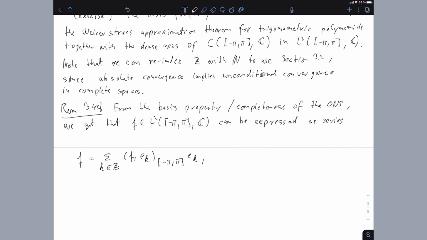So this is just using the completeness, and here we have to be careful what the equality means, where the equality is to be understood as convergence of the series in the L2 norm.